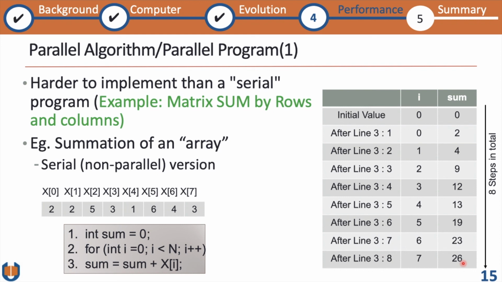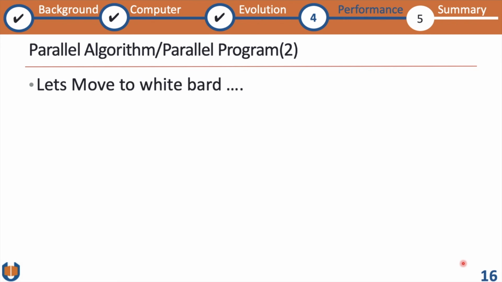Now let's move to the board and discuss a bit about how we can solve the program in parallel with a 4 core processor. For example, you have 4 processors: this is processor 1, 2, 3, and this is processor number 4.